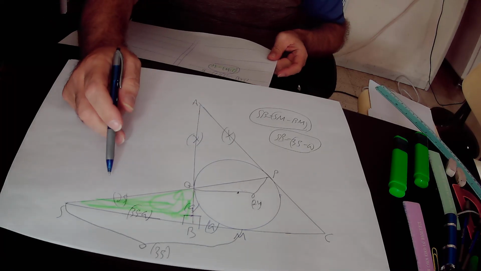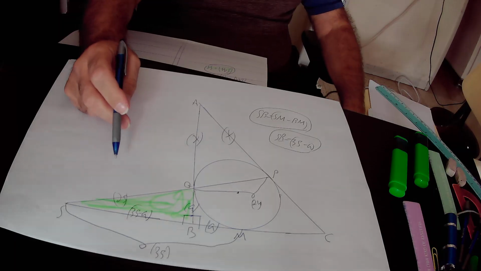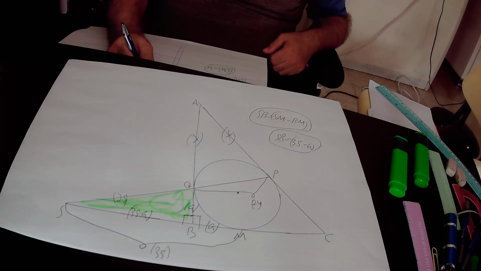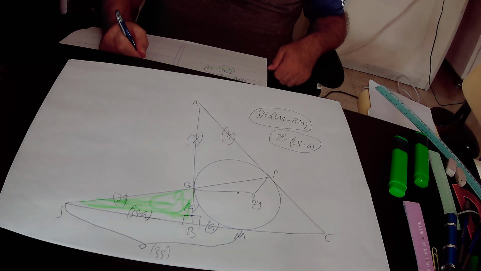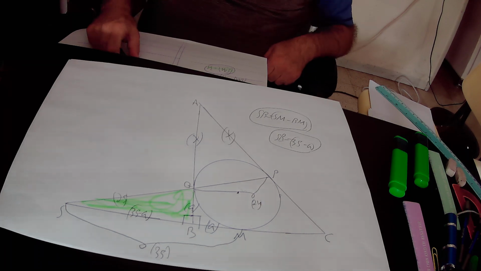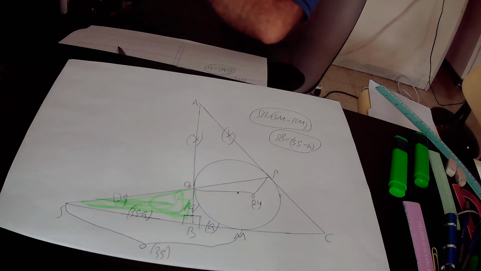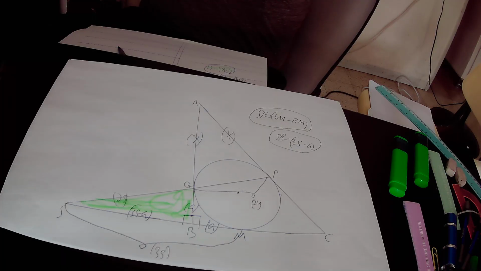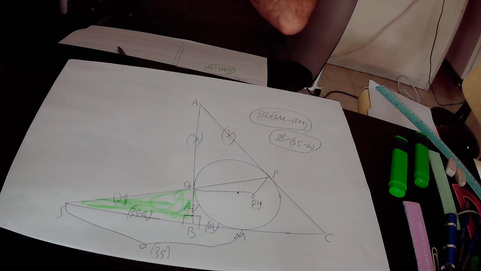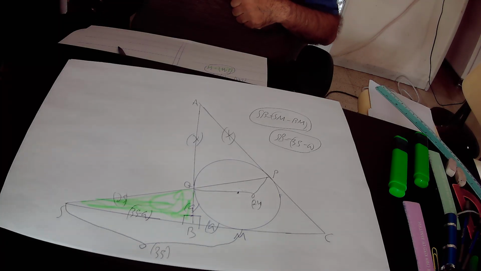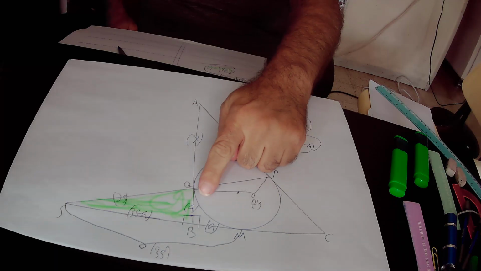QS is 25, therefore QS squared is 25 squared, that is 625, and it equals QB squared plus BS squared.